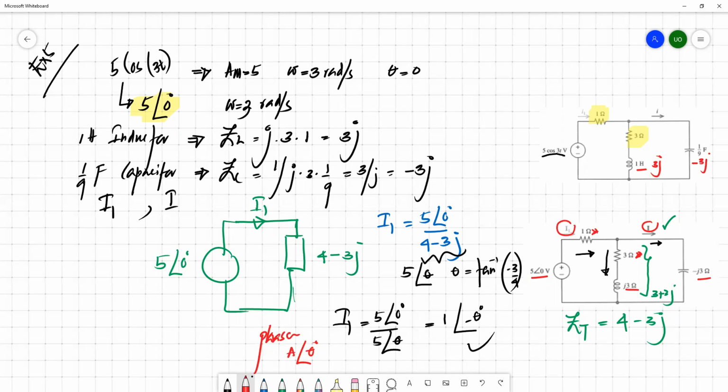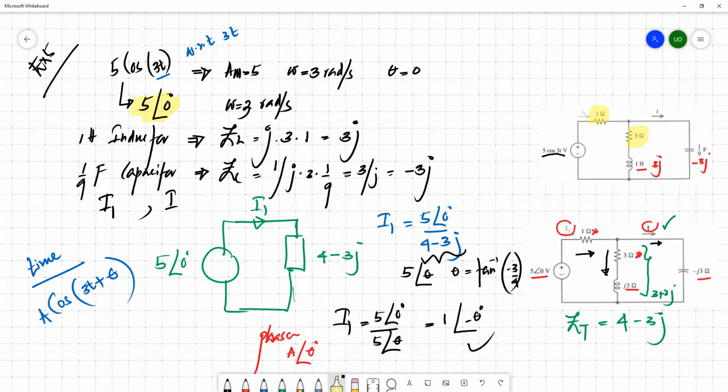So once you take this in this R theta form, you can simply convert it into time domain, because now everything is with respect to 3t. So you can simply say that the amplitude cos 3t plus this angle.